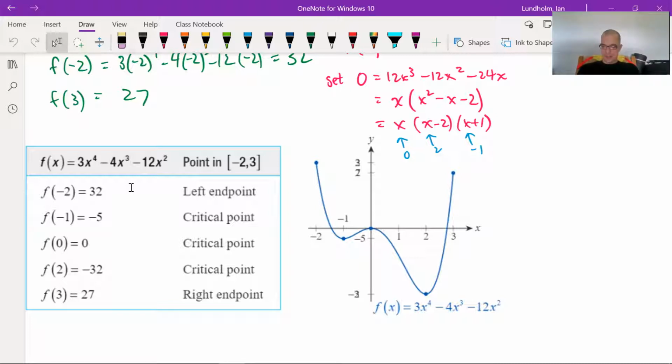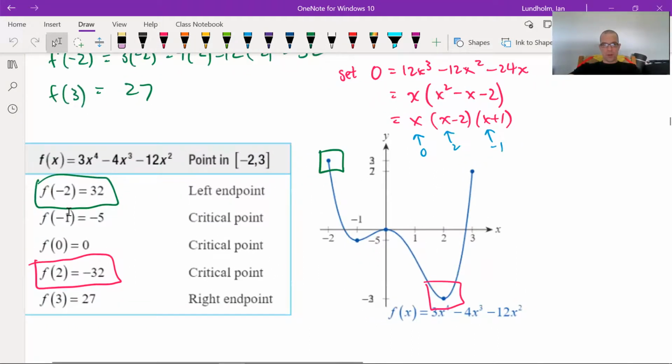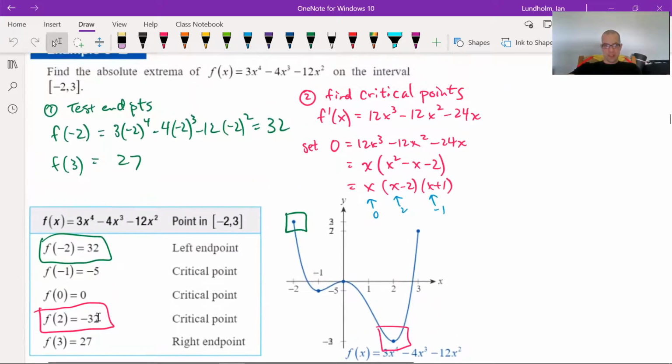So our absolute max happens up there where x equals -2, and our absolute min happens down here where the value is equal to -32. So really all that is identifying the points that you want to test and then throwing those points into the function, see what y value you get.